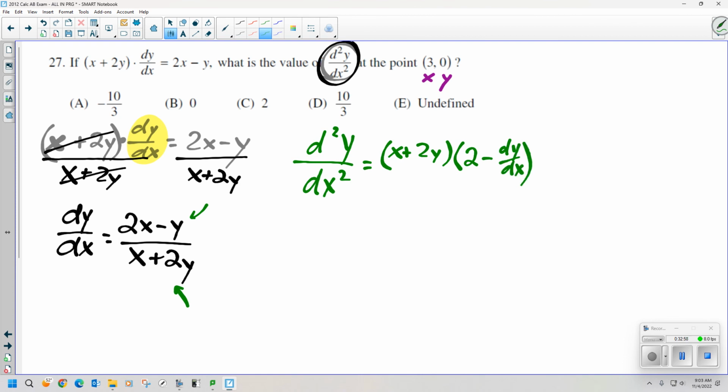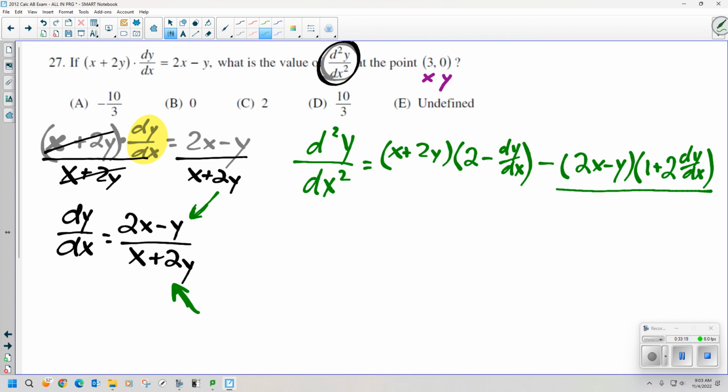Low d high minus high, the numerator just as it is, 2x minus y, times the derivative of below, the derivative of x is 1, plus the derivative of 2y is 2 dy/dx, all over, draw a line, the below squared. So I take x plus 2y, and I square it.